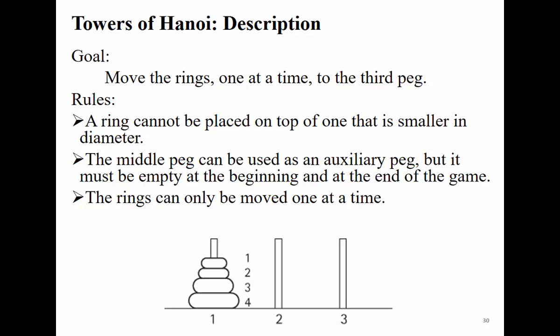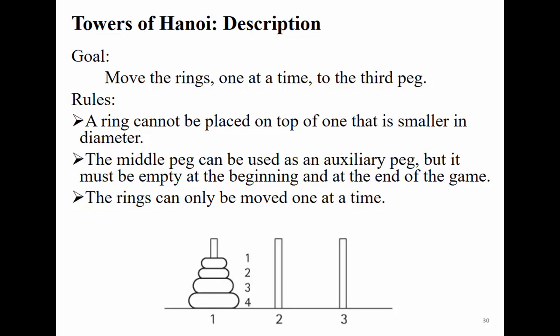And the task is to move all these rings from bar number 1 to bar number 3 with the help of bar number 2. So you need to move them from 1 to 3, from the source tower to the destination tower, with the help of the auxiliary tower, in this case number 2.